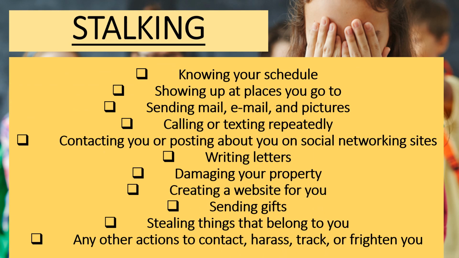If the person keeps on knowing your schedule, if the person keeps showing up at places you go to, if the person keeps on sending mail or email and pictures, if the person keeps on calling or texting you repeatedly, if the person is contacting you or posting about you on social networking sites, if the person keeps on sending or writing letters to you, if the person is damaging your property, if the person is creating a website for you, if the person keeps on sending gifts to you, if the person steals things that belong to you, or any other actions to contact, harass, track, or frighten you.